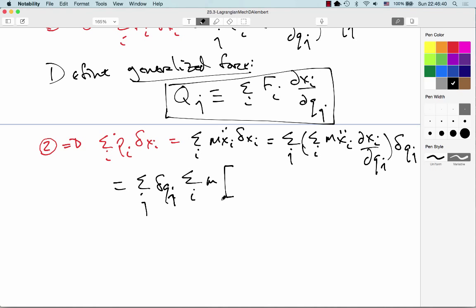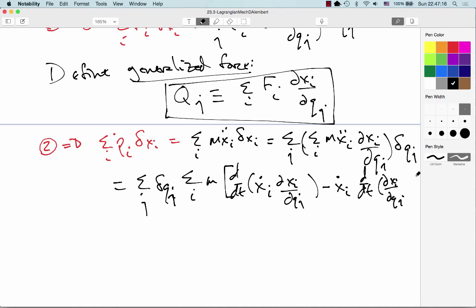Expanding this a little more, we can go back and say this is d/dt of xi dot partial xi partial qj, minus xi dot d/dt of partial xi partial qj.